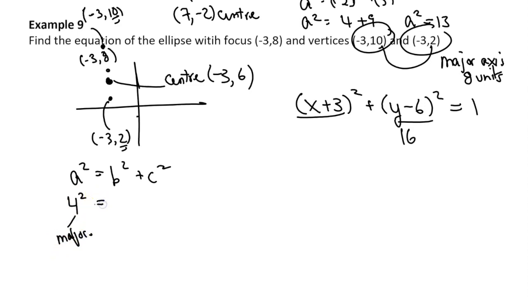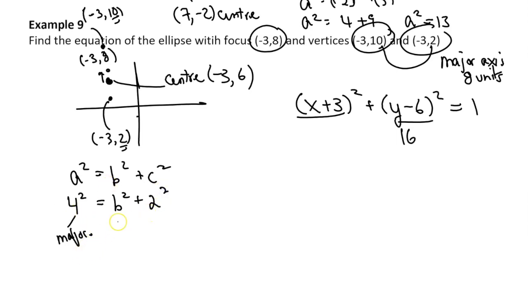And it's going to be equal to, well, we don't know what our minor axis is, but we do know something about our focal point, because if we had a focus at -3, 8, that's a distance of 2 units above from the center. So then it would be plus 2 squared.